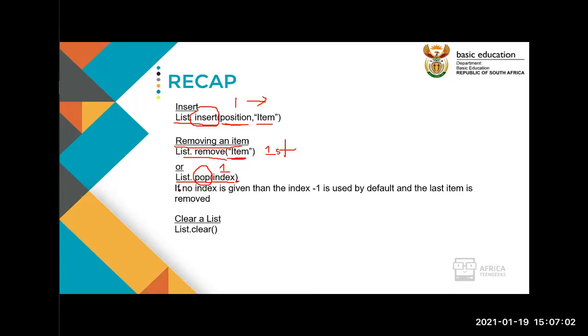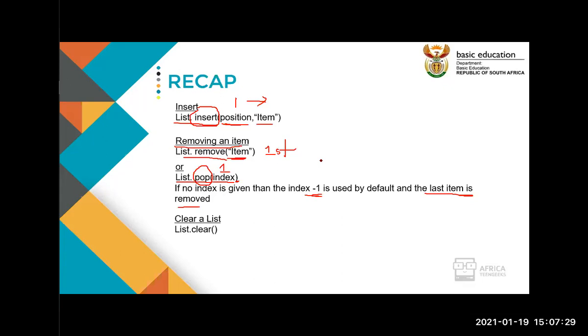As well as attaching to this pop function, if no index is given, then the index -1 is used, and -1 by default means the last item is removed. Remember, -1 means the last position, -2 the second last position, because the list has both positive and negative positions.